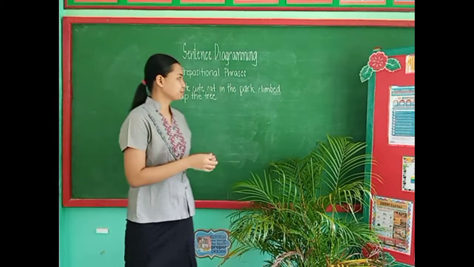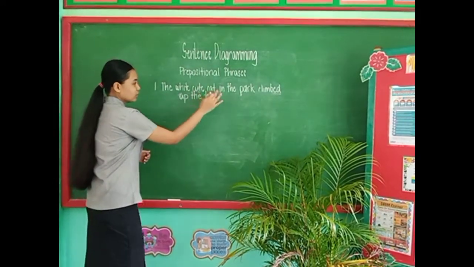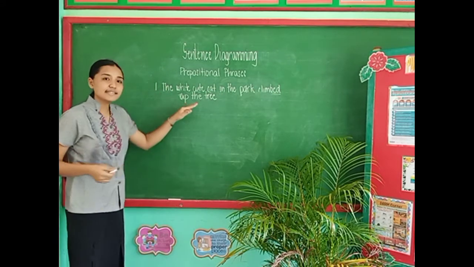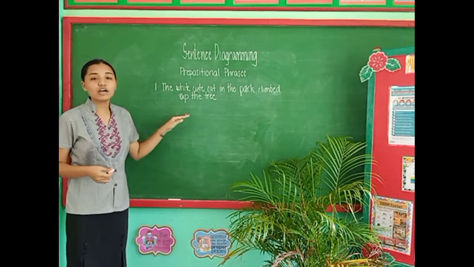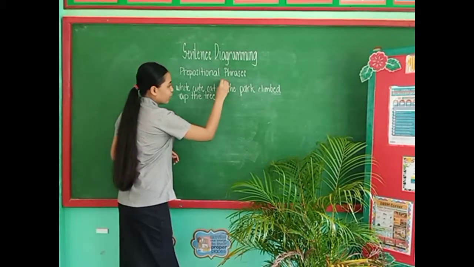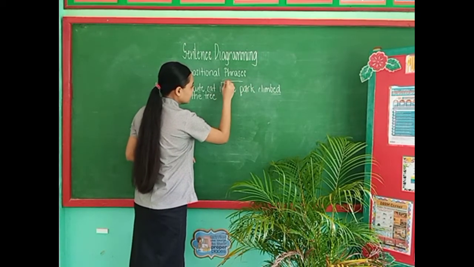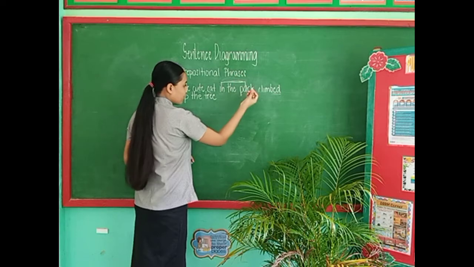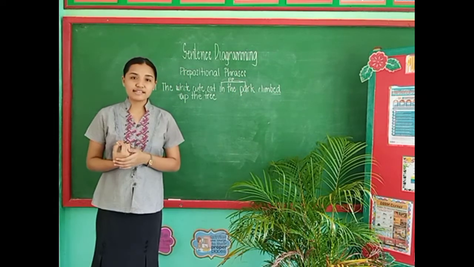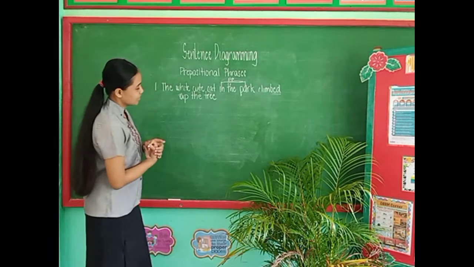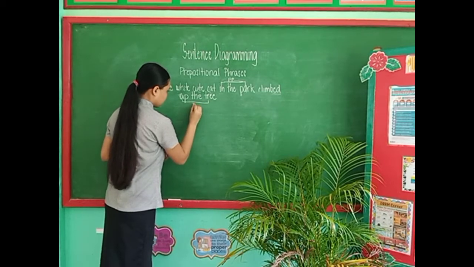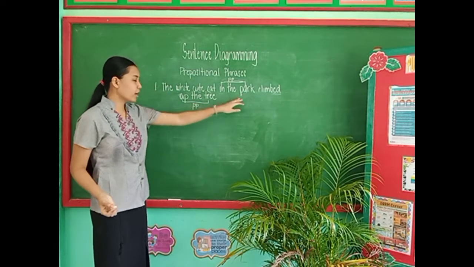After diagramming a simple sentence, now let us try to diagram a sentence that has prepositional phrases. For example, the white cute cat in the park climbed up the tree. In this example, there are two prepositional phrases: in the park and up the tree.